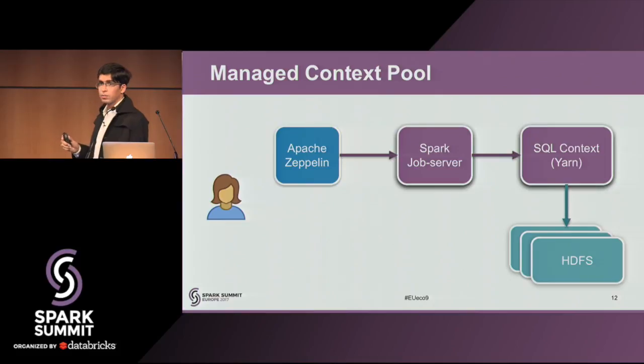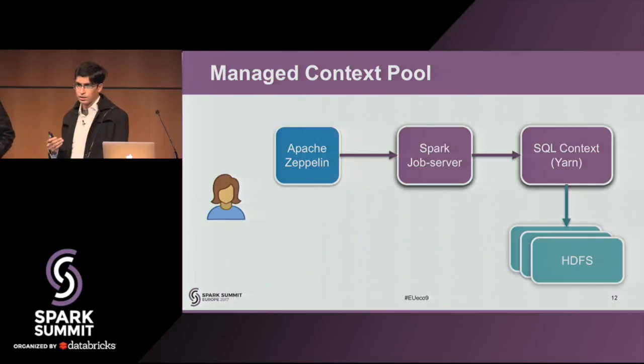However, what we did was implement our own custom interpreter, which does not execute anything, but simply passes the query on to the job server, which had REST APIs, gets the results from the job server, and returns them transparently back to the user. Within the job server, we had a custom application, which would handle the user's queries, and we also had a custom SQL context. As Arvind mentioned, we were using an extension of the default Hive context, and we'll get to that in more detail later.